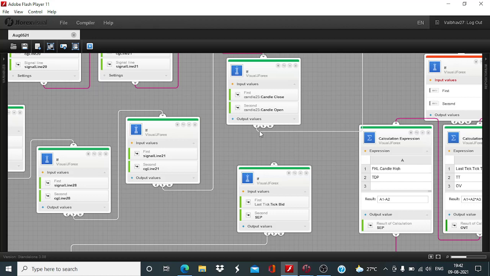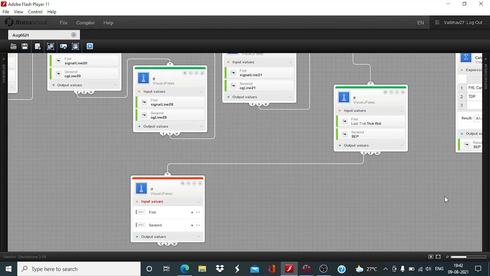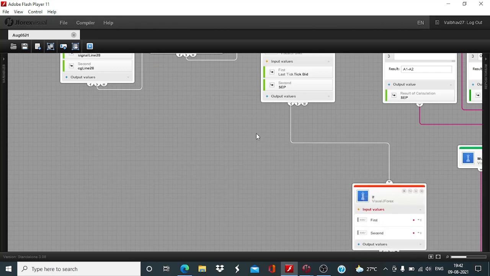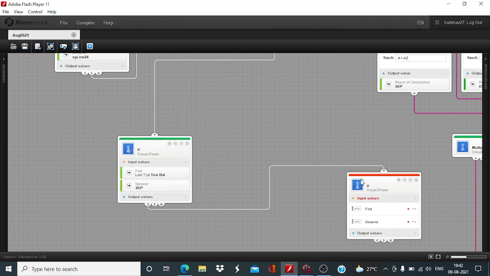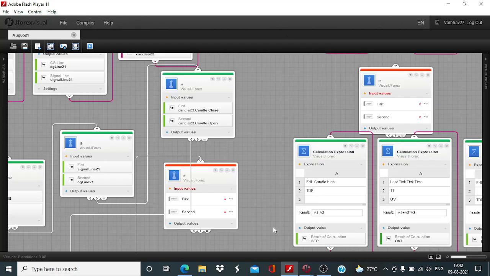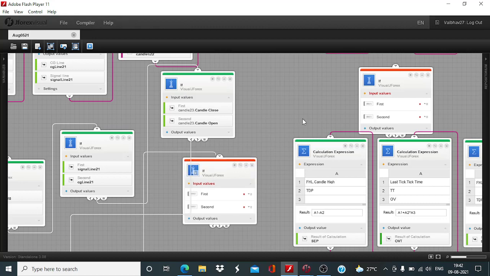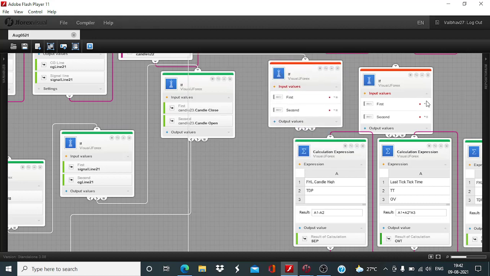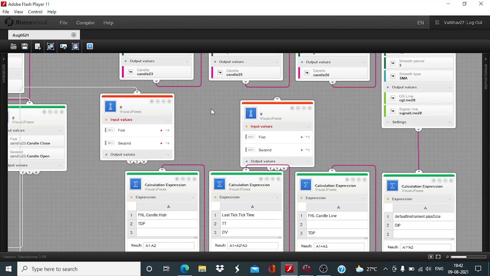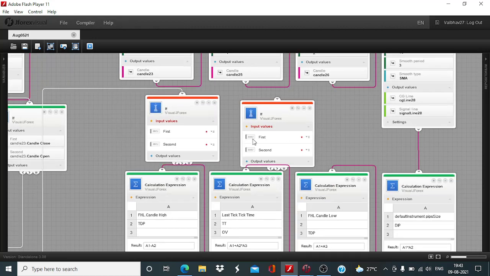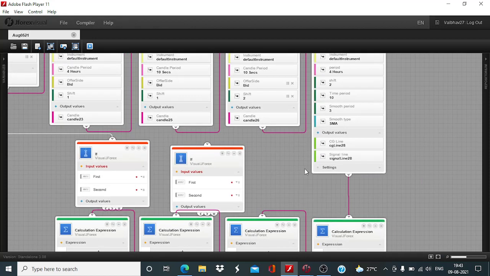I will disconnect this. Okay. And now all we need is to compare the last 4 hours closing value with the closing values of last two 10-second blocks.